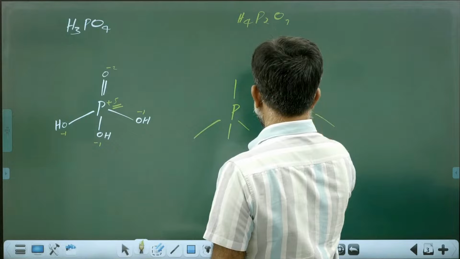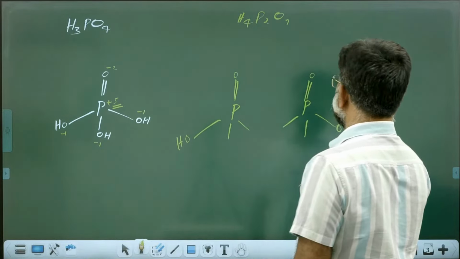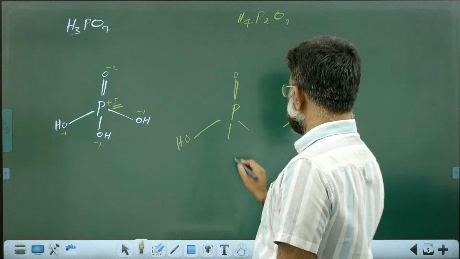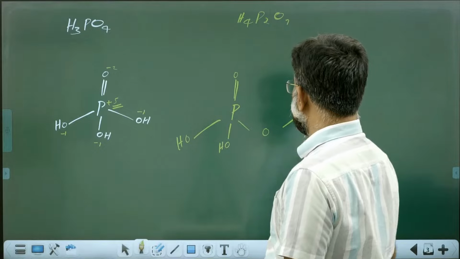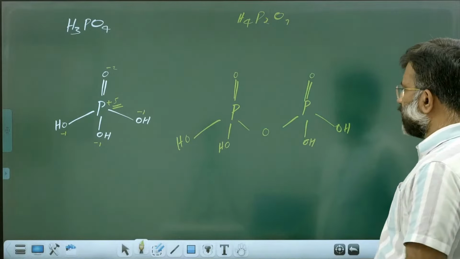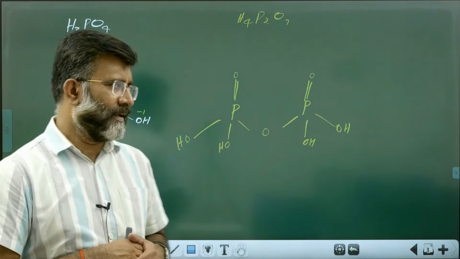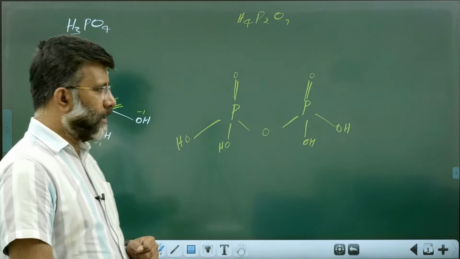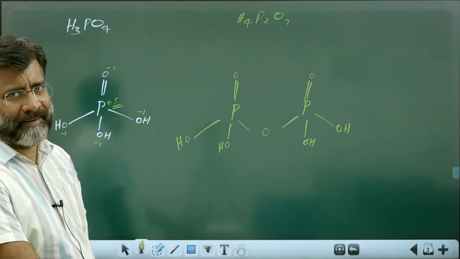It is PO double bond, OH, OH, and once again OH, OH, and one O here. Everything is over. There is one POP linkage. There are 4 OH groups, tetrabasic character. Right?